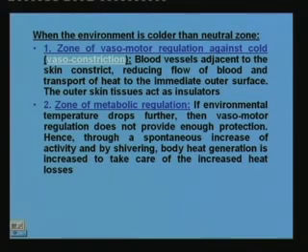Then the body enters into what is known as the zone of metabolic regulation. In this zone of metabolic regulation, a spontaneous increase of activity is initiated, and this is nothing but shivering. So we start shivering when the temperature falls. What happens due to shivering? Because of the shivering, since the activity is increasing, body heat generation is increased.